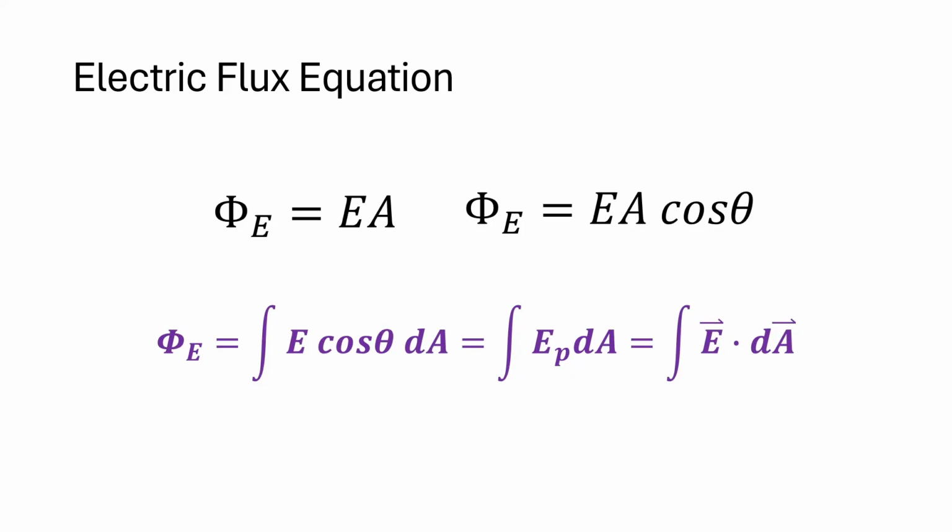Okay, that is why we have there the integral sign and E cosine theta and dA. Okay, dA actually represents the small portion of the area. Okay, and if you're going to use the integral, in other words, we are now referring to the entire area.